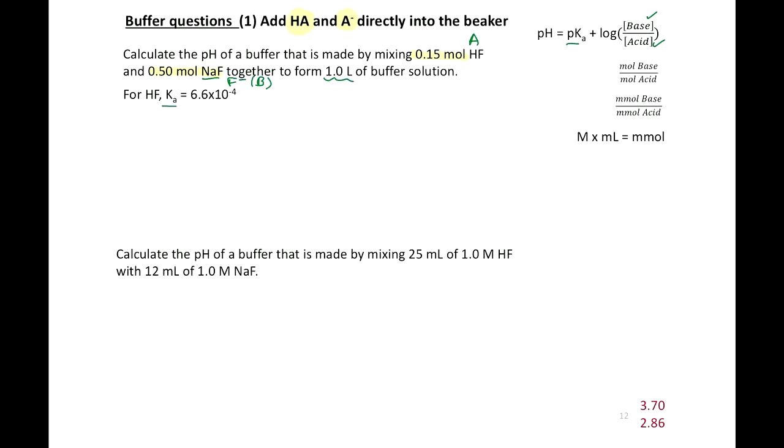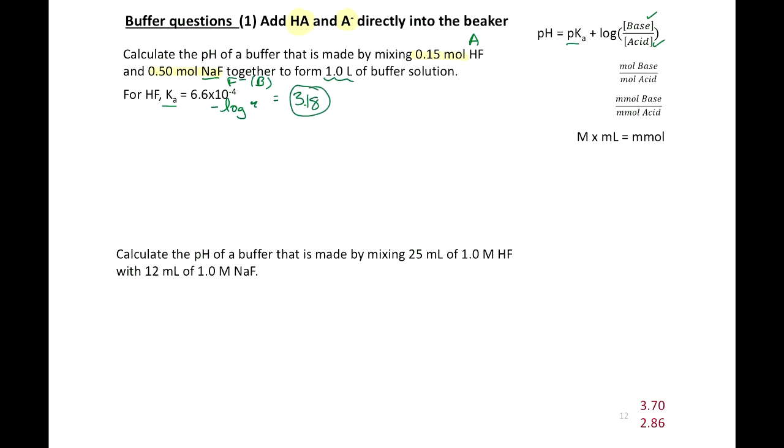So based upon what we know about the P function, what is pKa? Negative log of that Ka value. This is just a constant, we're just representing Ka in a different way. We take the negative log of it and see that this is equal to 3.18.